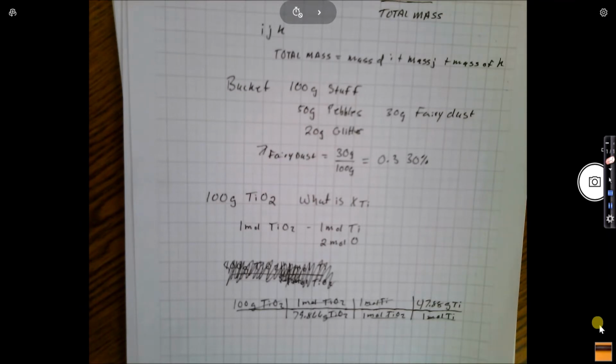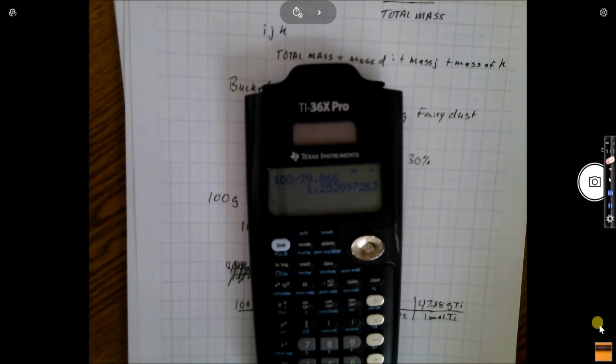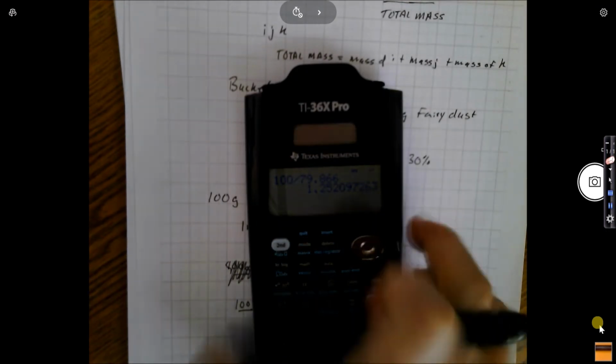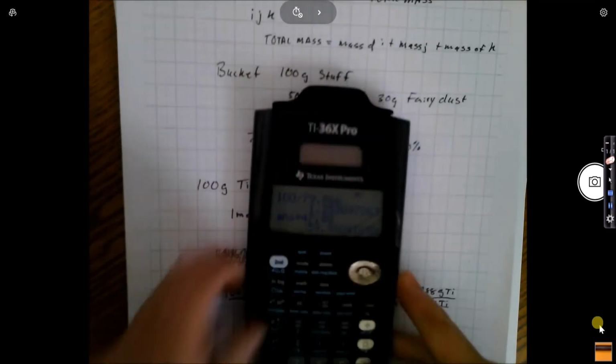So we have 100 grams of titanium. We're going to divide it by the molecular weight, 0.866. And I'm just showing you guys the intermediary step. Hopefully you can read my fine TI calculator. I'm at 1.25 when I do that. And then you want to multiply it by 47.88 grams of titanium. And that is, I got 59.95.